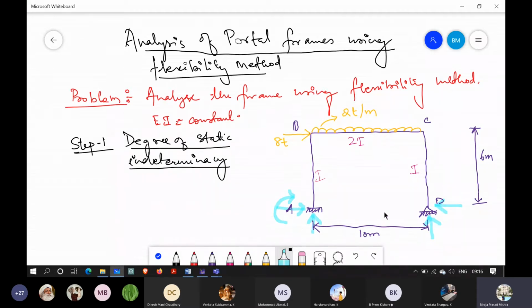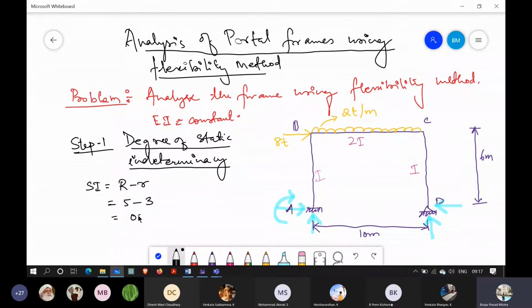And how many equations are there? We have 3 equilibrium equations. So I can write that static indeterminacy, SI, equals R minus r. R is 5, minus small r, the number of equilibrium equations, which is 3.